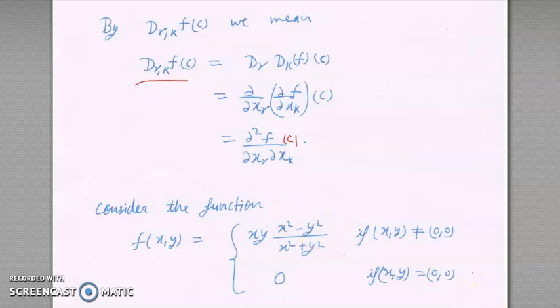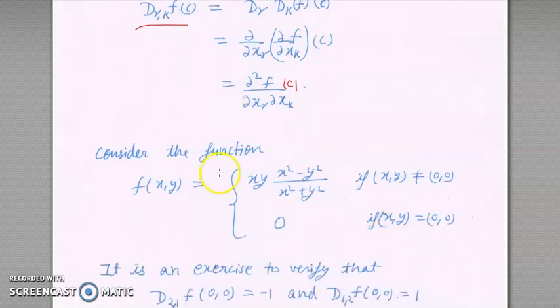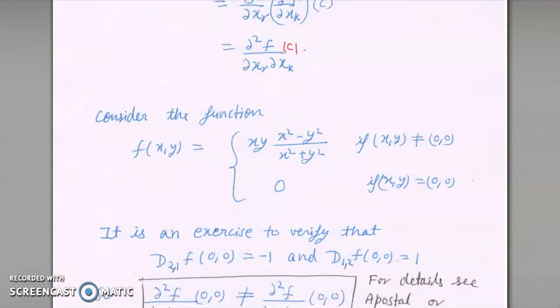Now consider a function f(x, y) equal to xy(x square minus y square) upon (x square plus y square) if (x, y) is not equal to (0, 0), and 0 if (x, y) is equal to (0, 0). It is an exercise for you to verify that if we determine D21 f(0, 0), its value is minus 1, and if we determine D12 f(0, 0), its value is 1.